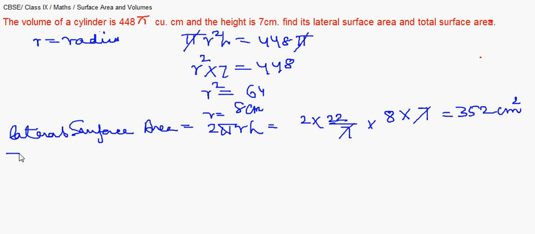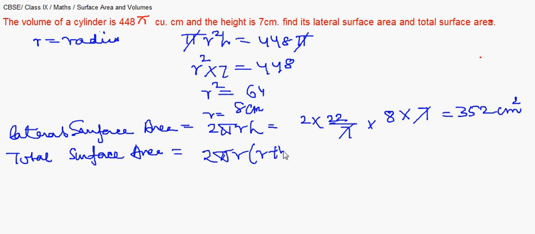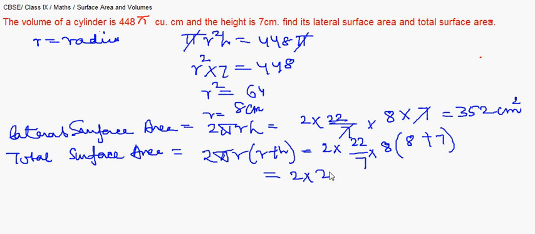And the total surface area of a cylinder is given by 2 pi r (r plus h). So if we substitute, it becomes 2 into 22 by 7 into r, which we calculated as 8, and then it is 8 plus height 7, so it is 2 into 22 by 7 into 8 into 15.